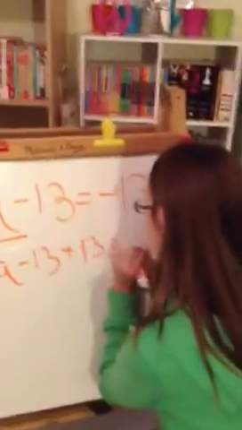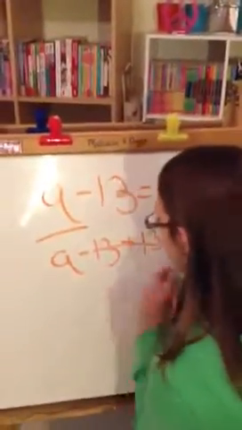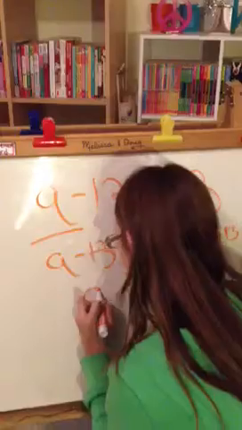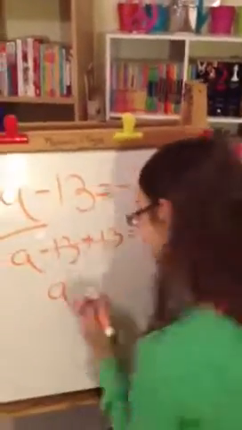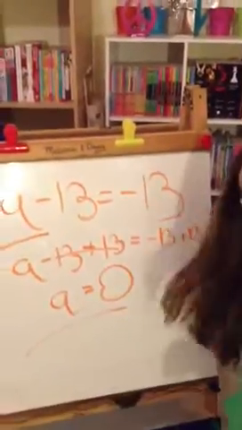Equals negative 13 plus 13. So that cancels out and makes nothing. Makes 1, actually. 1. And Q will equal negative 13 plus 13 equals 0. So the answer is actually 0.